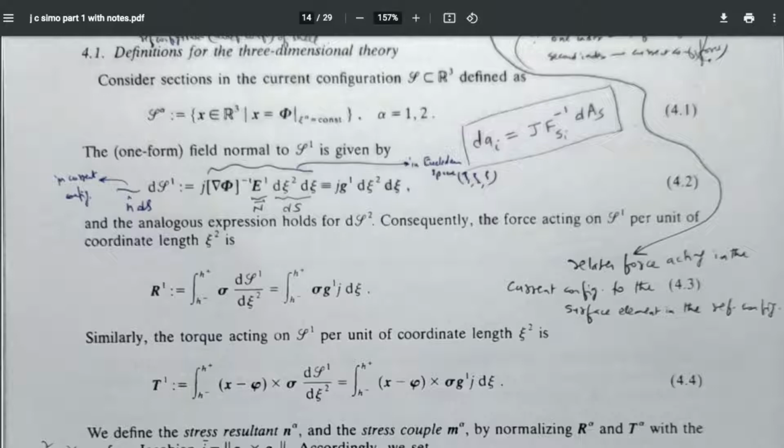That is equal to J grad phi inverse transpose dA vector, and this dA we can substitute as E hat 1 d zeta 2 times d zeta.